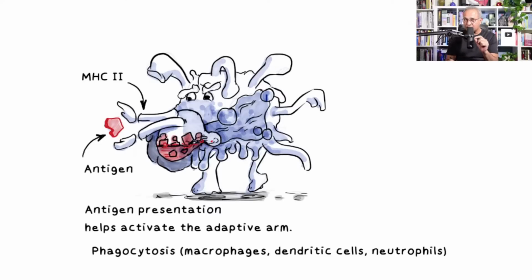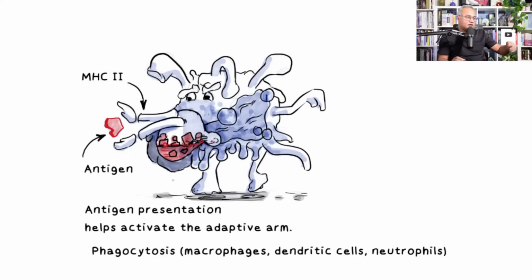Now, here is another delicate definition. Just like an antigen is a very specific fragment that can bind with B cell and T cell receptors, loading an antigen onto a major histocompatibility complex protein and then displaying that antigen outside on MHC2 or MHC1 is called antigen presentation.